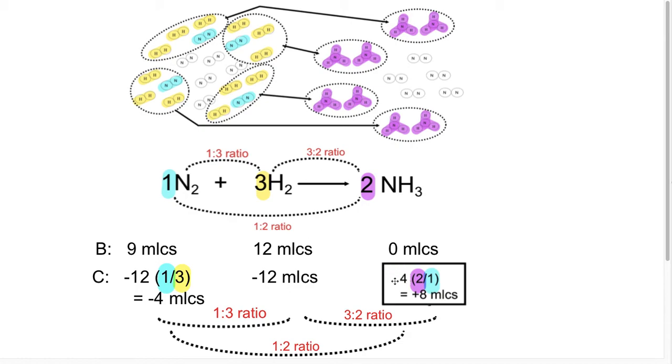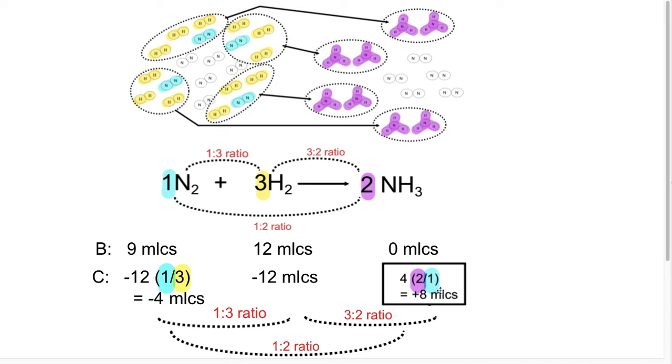If I use up 4 N2s, that 4 is coming from here. That's the blue number 1, so I know I'm going to need that in my ratio. I'm trying to figure out NH3, which is our purple, which is my 2. It's going to be a 2/1 ratio because I know I need twice as many NH3s compared to N2s. So 4 times 2/1 equals 8.